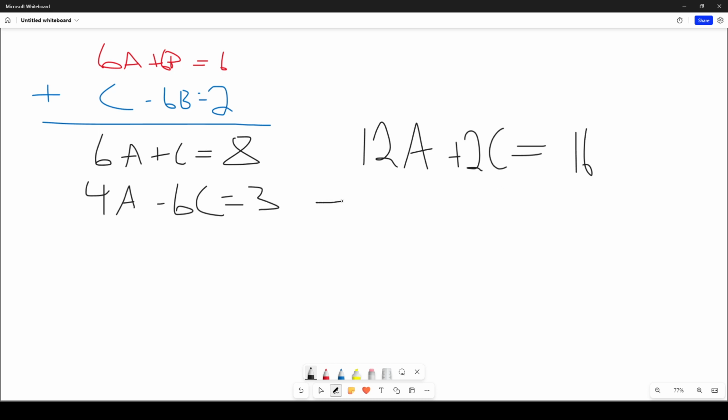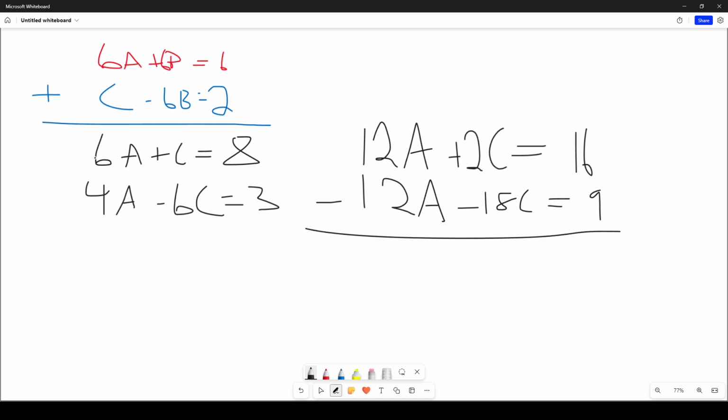And I'm going to subtract the bottom equation times 3. 12a minus 18c equals 9. And that idea came to me because I see I have a 6 and a 4. I know that their least common multiple is 12. So multiply this one by 2, multiply this one by 3, and you're going to get two 12a's. Subtract them. You get 20c equals 7, and you get c equals 7 over 20.